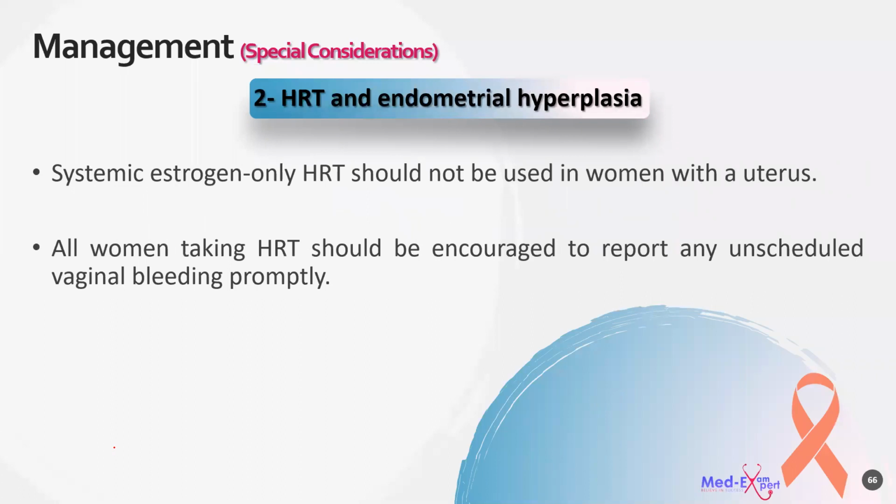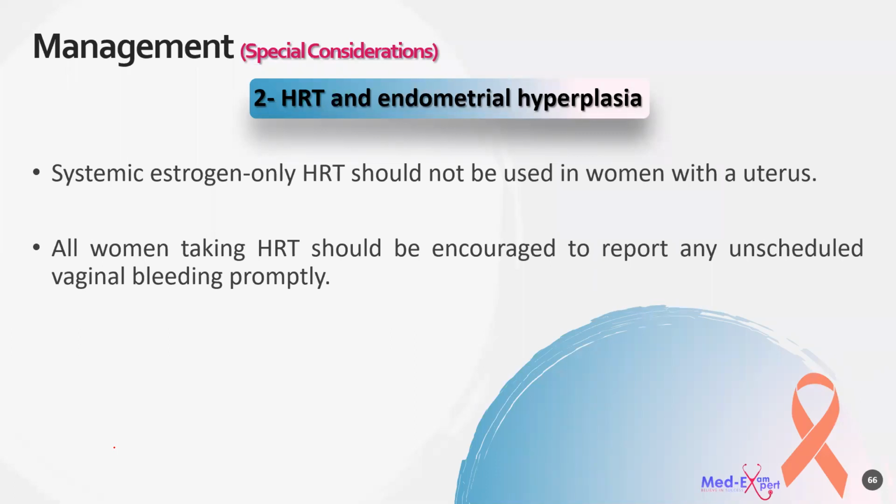What about HRT and endometrial hyperplasia? As a rule, we don't recommend giving estrogen-only HRT to any woman with a uterus. So any woman who has menopausal symptoms, who wants to take HRT and is not hysterectomized, you should give her combined hormone replacement therapy, estrogen and progesterone.